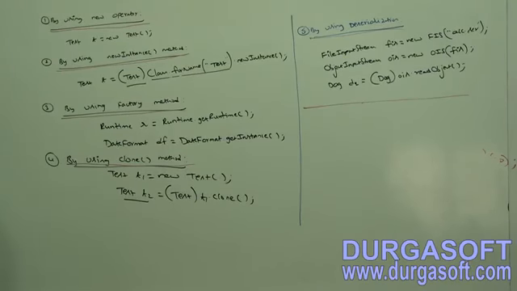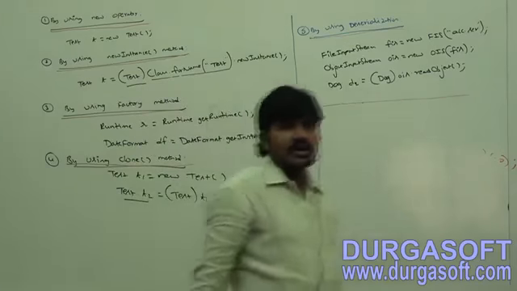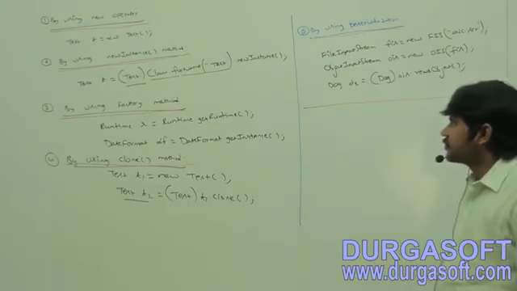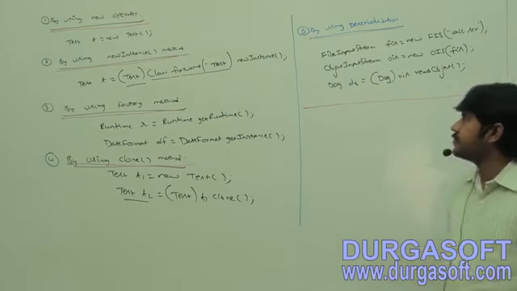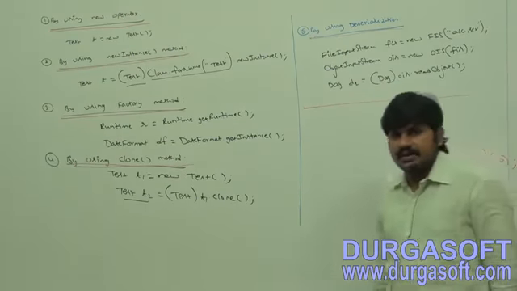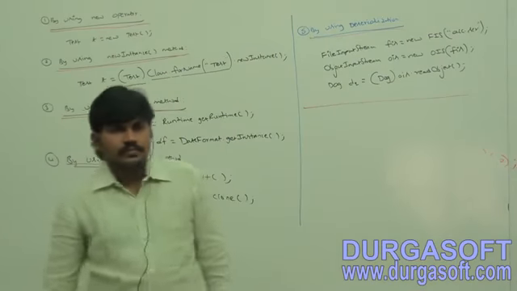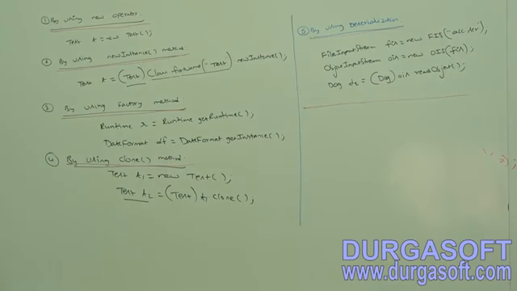Or how many ways can we get an object in Java? There are a total of 5 ways to create an object in Java. New operator, new instance method, factory method, clone method. Next is deserialization. Completed, right?